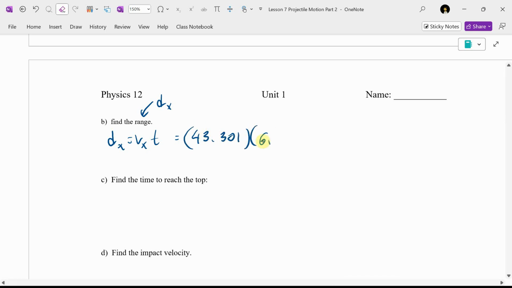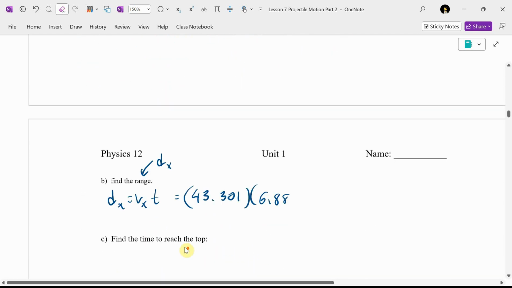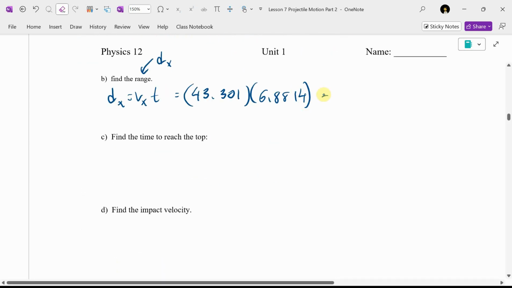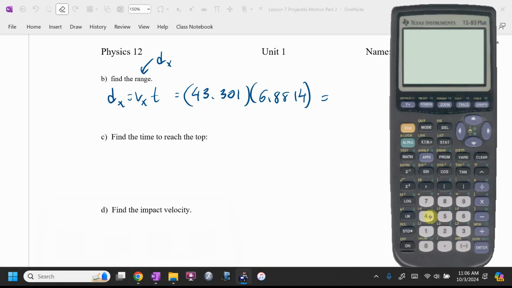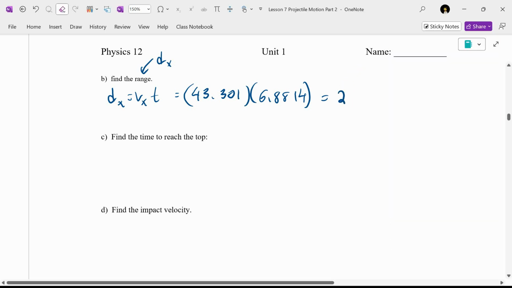And then time was 6.88, was it 6.8814? That should give me a good answer to 3 sig figs. I get 297.9. I think 298 if I go to 3 sig figs. Yes, Khrushchev? Meters.